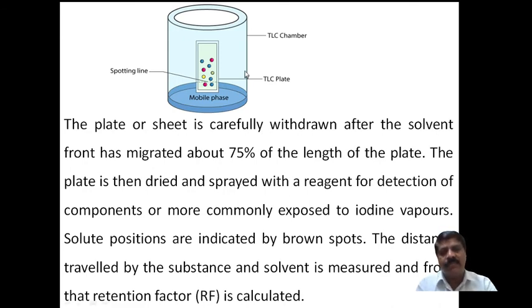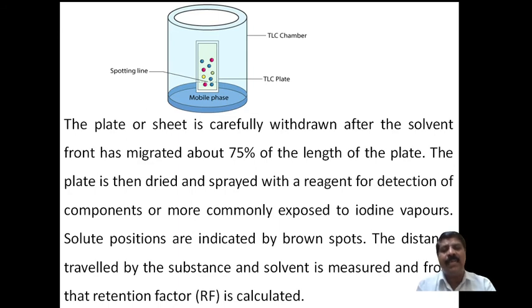Here is the jar, and this is the thin layer chromatography plate. Here there are two spots used. Many compounds we can use at a time, 2 or 3 or 4, depending on the breadth of the TLC plate.